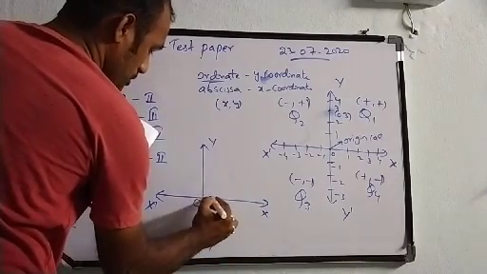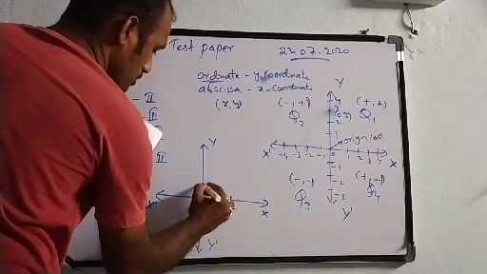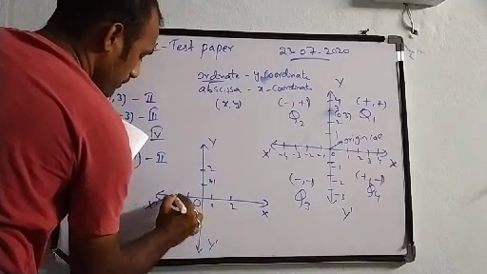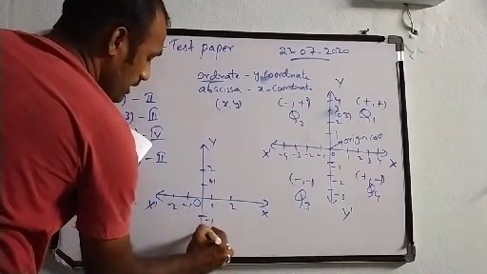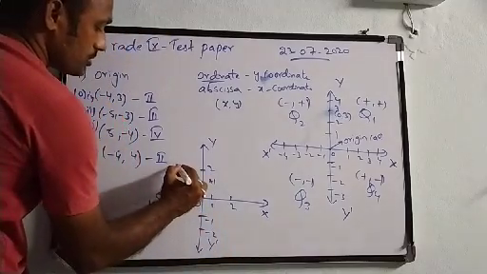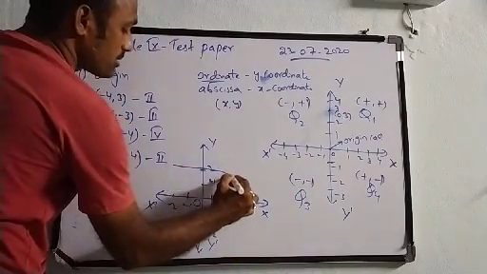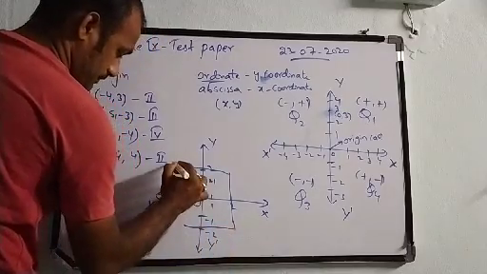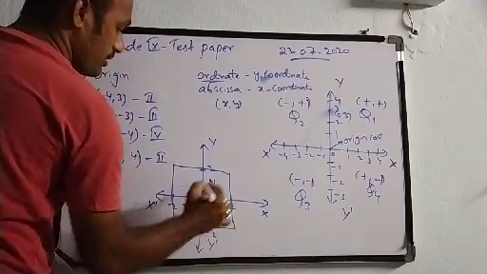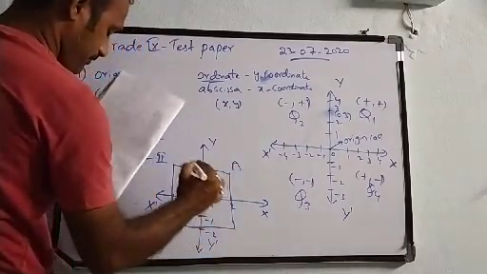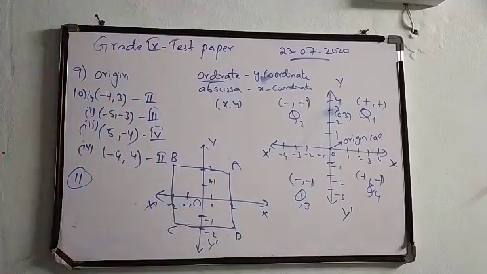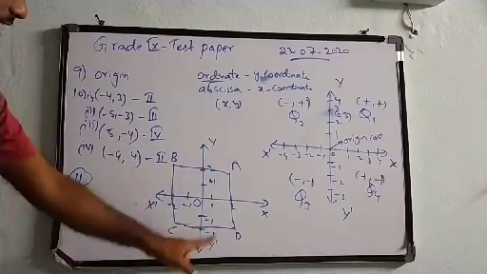So here mentioned 0, 1, 2, -1, sorry, +1, +2, -1, -2. Here also -1, -2. So he is drawing a box. So this is A, B, C and D. So he is asking the coordinates of A, B, C and D.